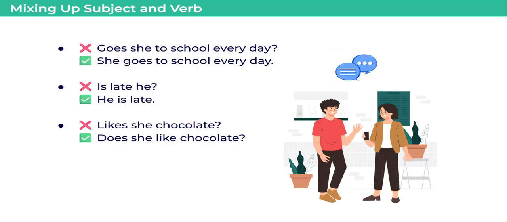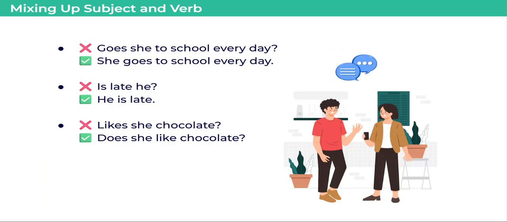For example, goes she to school every day? No, that is a question. She goes to school every day is the affirmation. So what would we do if we wanted to ask the question? We need to use the auxiliary do or does. Does she go to school every day?